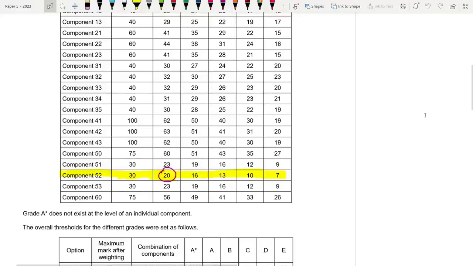So let's take a look at this. This is component 5-1. Out of 30, A was at 23, so it was easier than 5-2. B was at 19, C was at 16, D was at 12, and E was at 9.